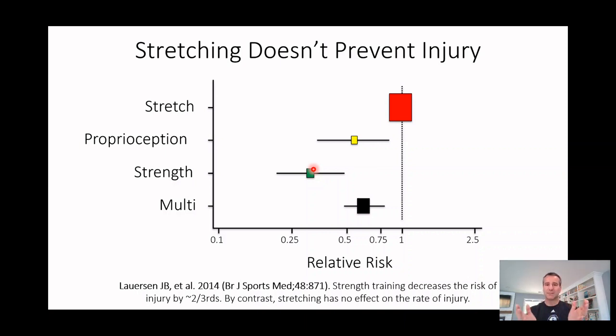Strength training is the best of all of these different interventions for decreasing musculoskeletal injuries. And it's decreasing it by about 67%, or about 2/3. So you're about 2/3 decrease in the rate of injury simply by doing heavy strength training.